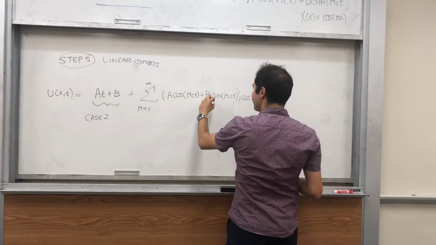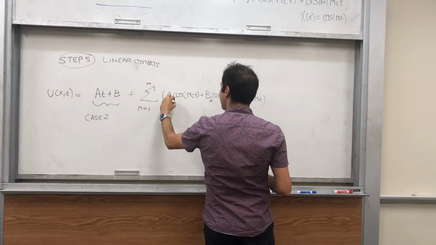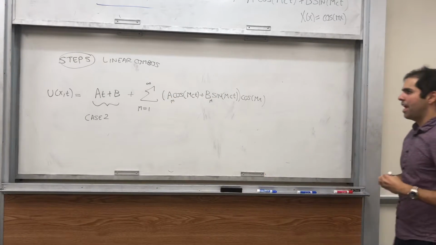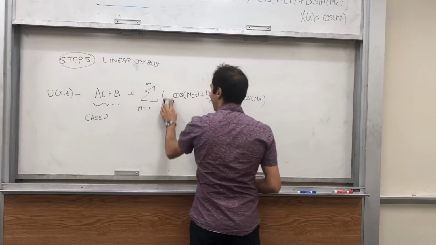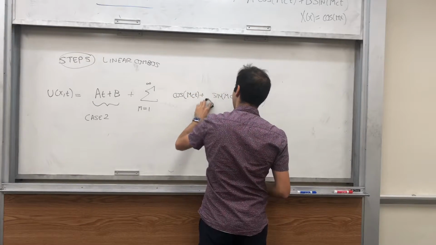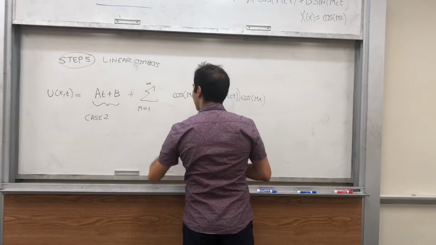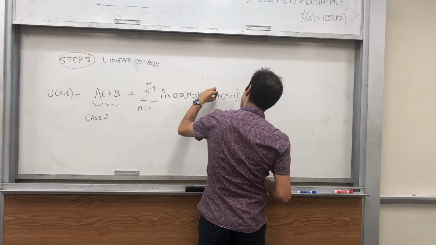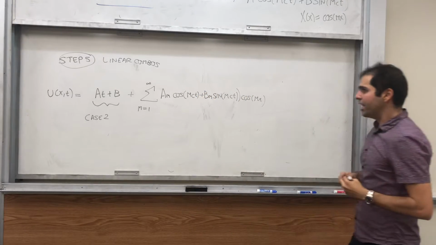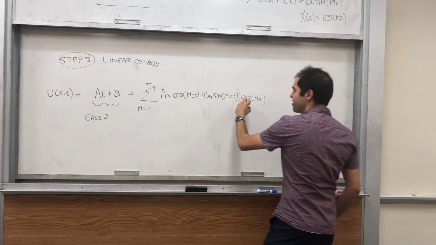And to emphasize that the constants depend on m, we put little m's here: a_m cosine of mct plus b_m sine of mct. Okay, that's good. So again, that was case 3.